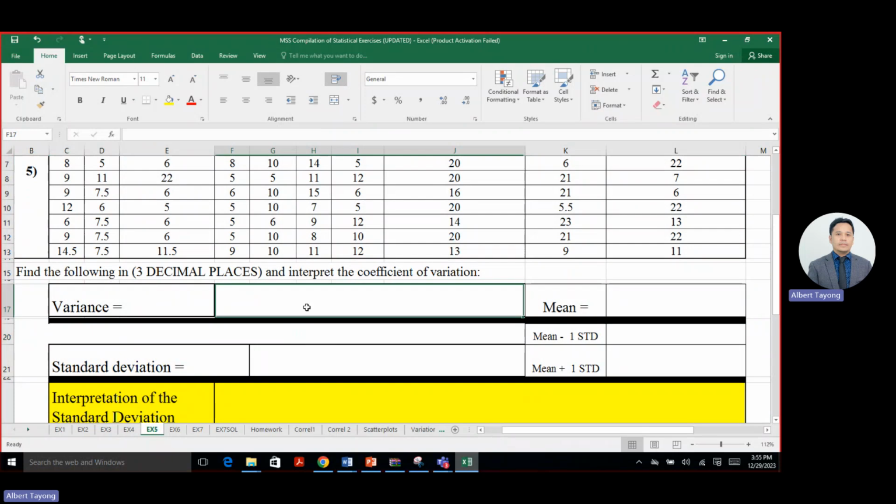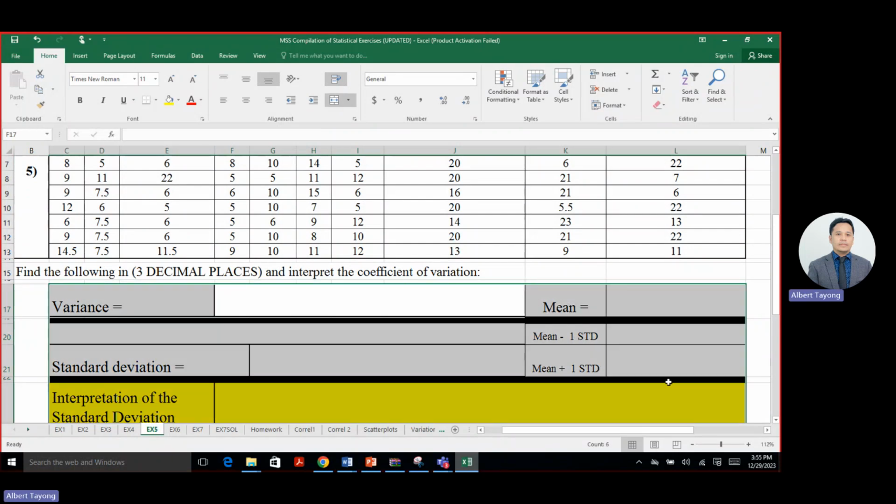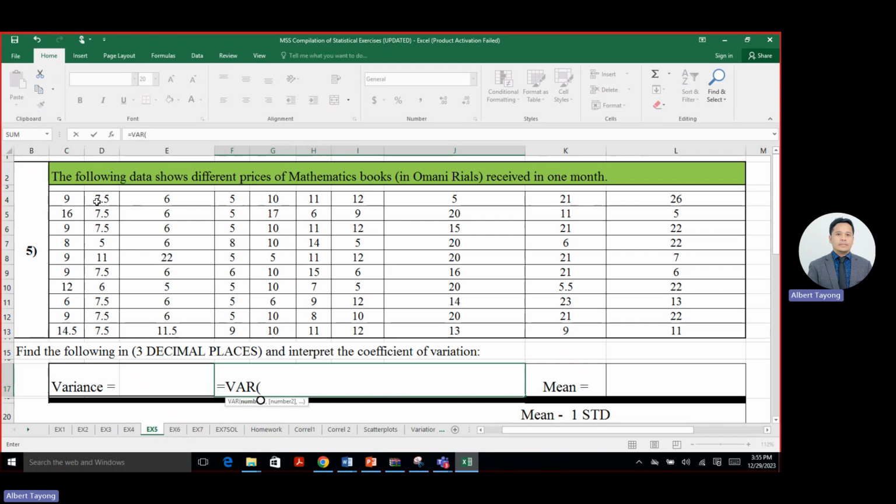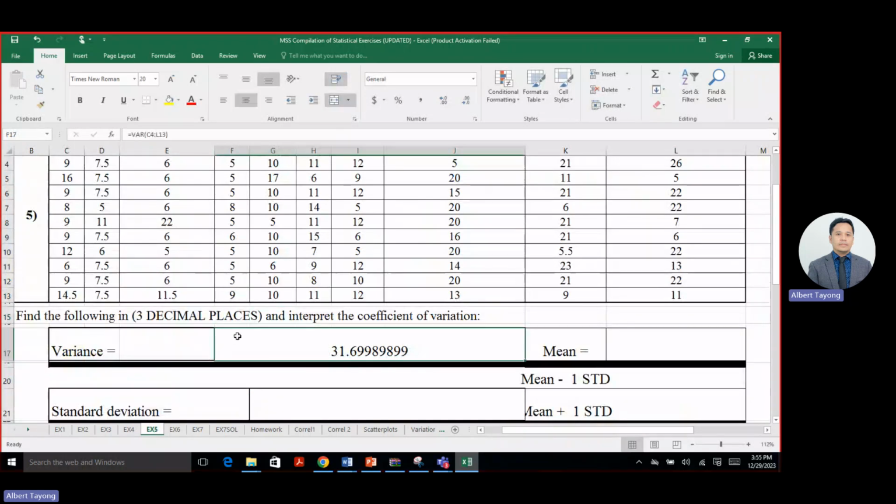So here, equals, let's make this bigger, equals VAR, variance of these numbers, then enter. So 3 decimal places as mentioned here. So we can decrease, this is increase, decrease.